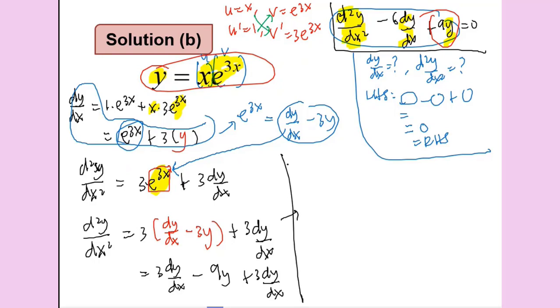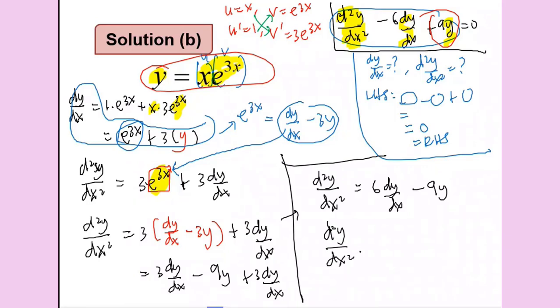Okay, and now d²y/dx² is equal to 6 dy/dx minus 9y. Simplify: d²y/dx² minus 6 dy/dx plus 9y is equal to 0. And done. Okay, easy, right?